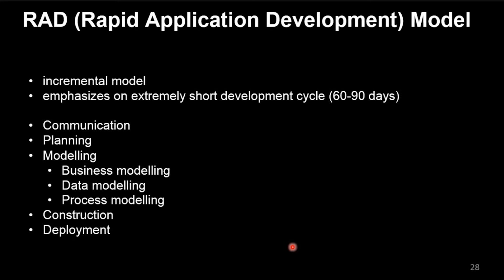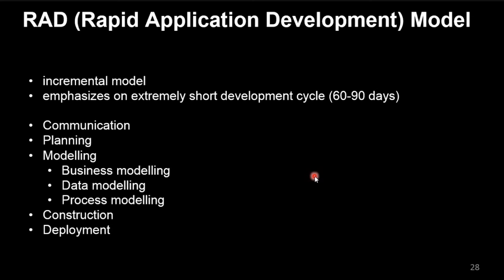Now, before going deep into this RAD model, let's first see what phases are present in it. The first is communication. In the communication phase, the customer and the developers, the customer and the business person, interact with each other.